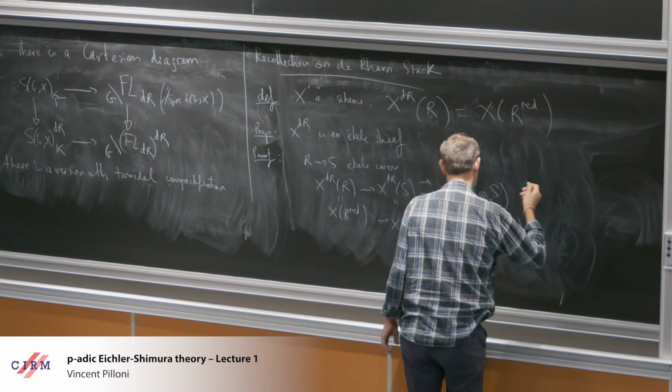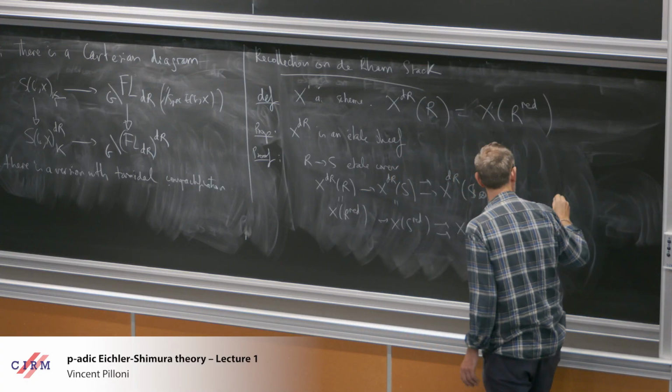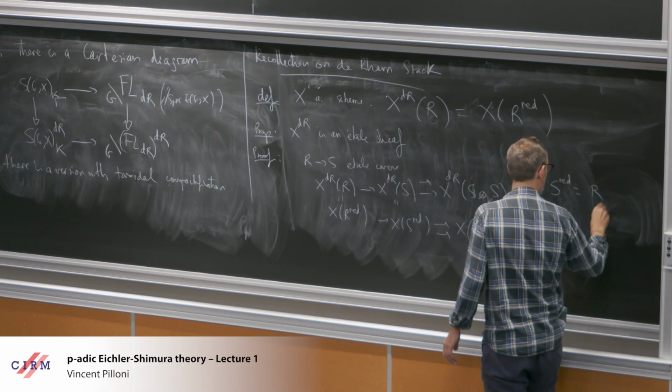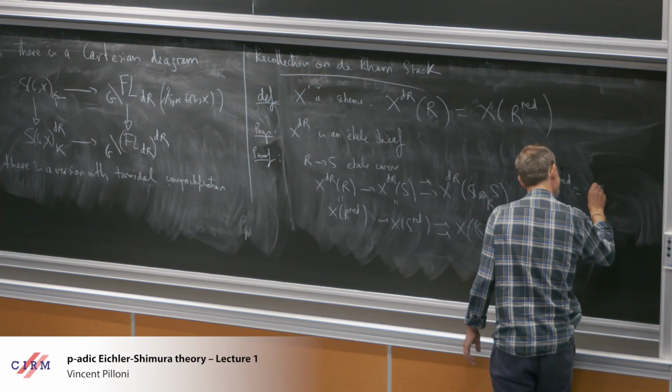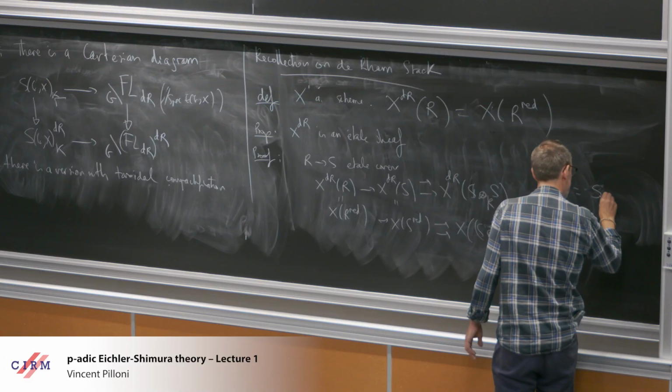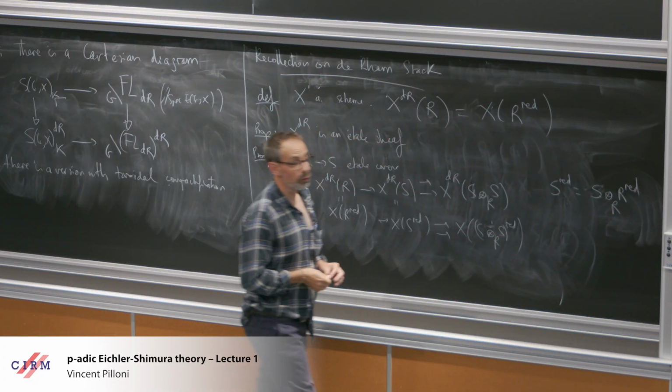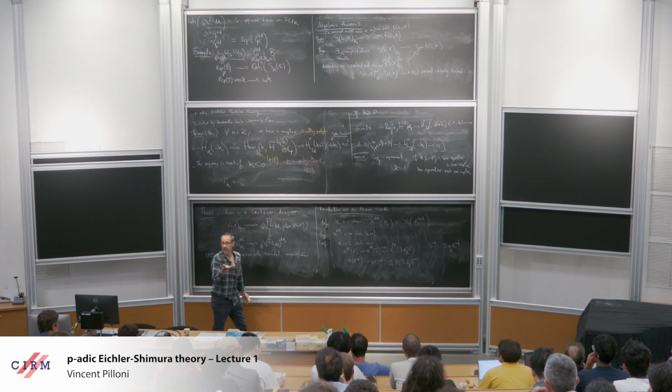The key property I want to use is that S red is S tensor_R R red. That is, if you're étale over something reduced, then you are reduced.